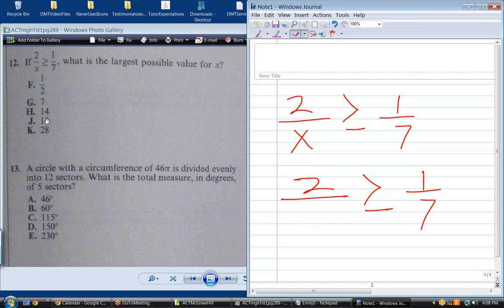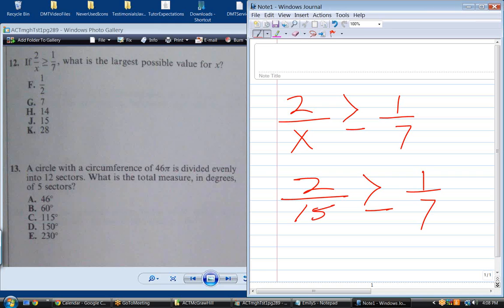Let's go down the list. Next number is 15. In other words, we don't want to even look at these numbers here because they wouldn't tell us anything. Because they want the largest possible, we want to start checking the large numbers and work our way down. Is that greater than or equal to 1/7?